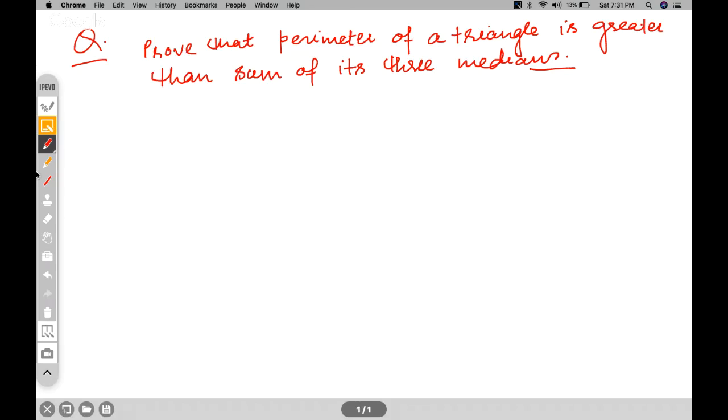You're done. This is an extension of the concept that the sum of the two sides is greater than 2 times the median.